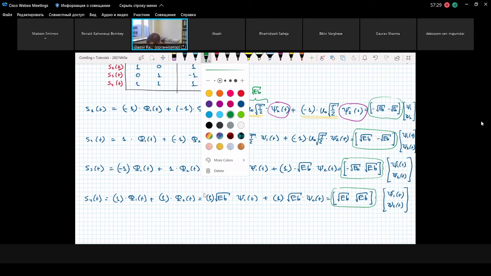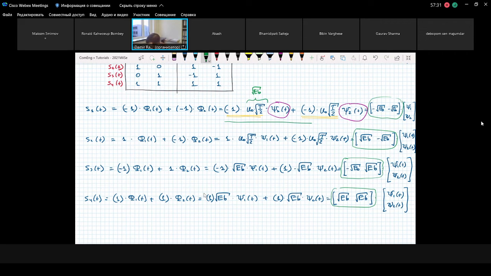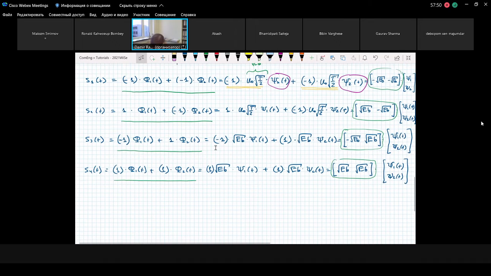Actually, maybe for simplicity, we can even take the first step. We just need to take the scalar in front of each pulse shape and calculate the sum of the resulting terms.